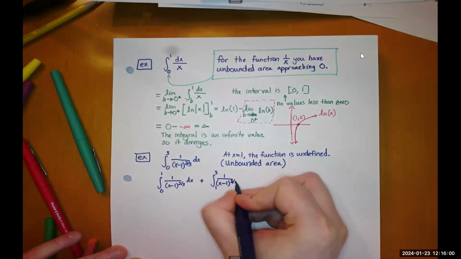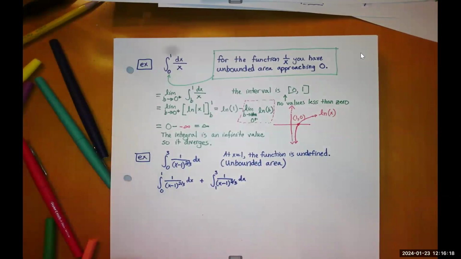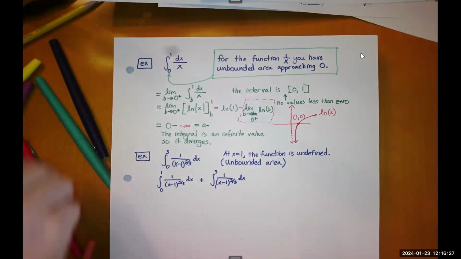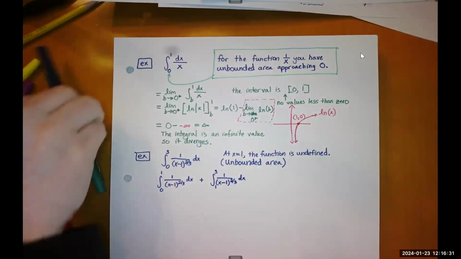It's possible that one or both of these areas could represent either finite area or infinite area. Other than having to write 2 slightly different limit statements, we don't have to do a whole lot more and different work from what we've done before. So what do I mean by that?